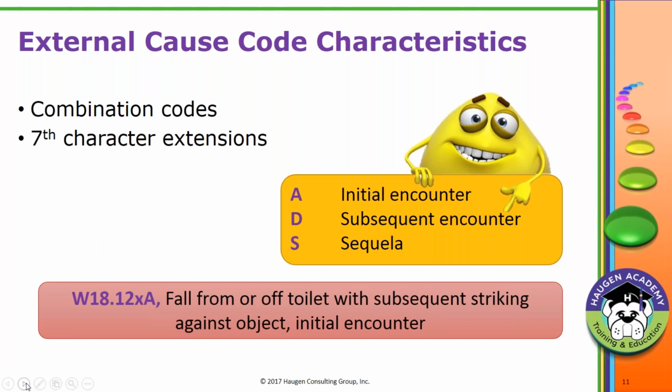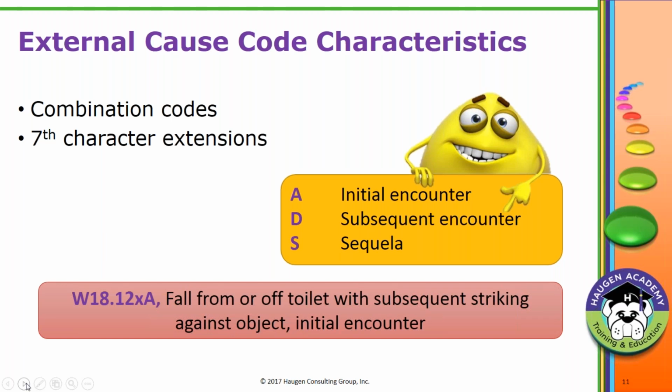This code could be used if someone fell off of a toilet and then struck the wastebasket, which then resulted in an injury. It also has a 7th character extension, and just for a brief review, our 7th character extensions are A for active, D for what I call during the routine care or the healing, and then S for the sequela.